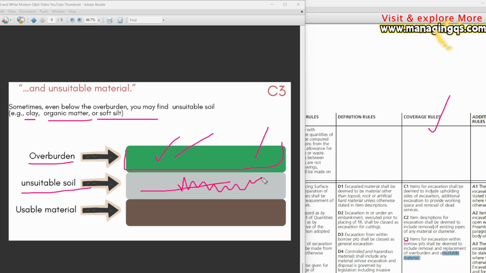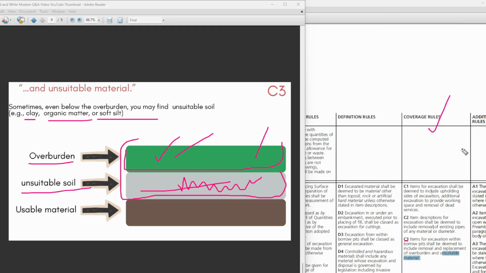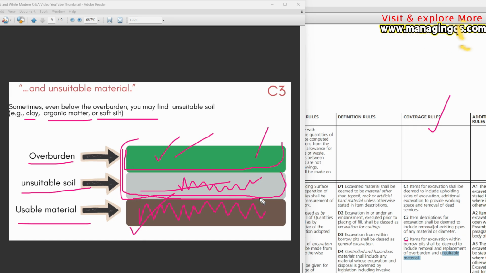This material we cannot use in our construction project, so we have to remove this layer also. Then only can you excavate the final layer of usable material for our construction purposes. This excavation and removal process should be included in your excavation rate, so you cannot claim for this work separately. The coverage rule says it is related to the rate build-up.